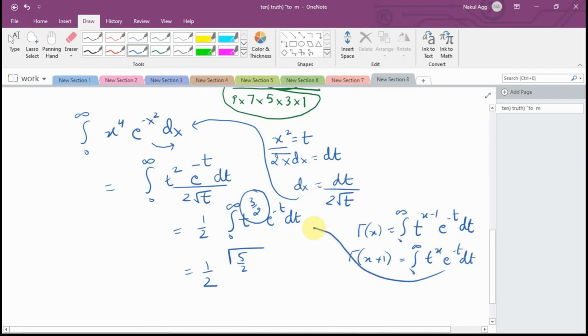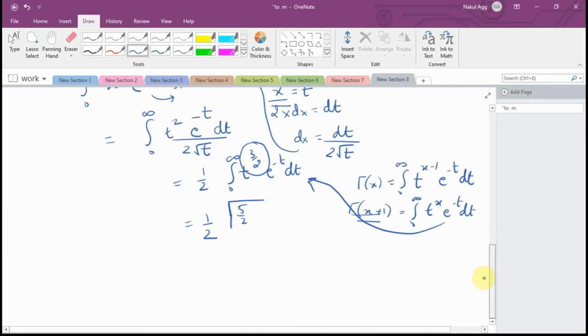We have a similar form here where x is equal to 3 by 2, so this evaluates to gamma of 5 by 2. So using the fundamental property, we will open this up. So half into 3 by 2 of gamma 3 by 2 is equal to 3 by 4 into half gamma of half, but gamma of half is root pi. So this is 3 root pi by 8.